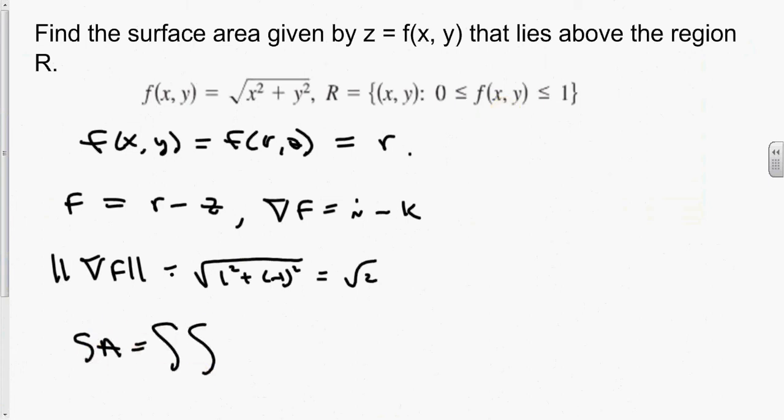The surface area is this double integral over some region R of the square root of 2 times r dr d theta, right?